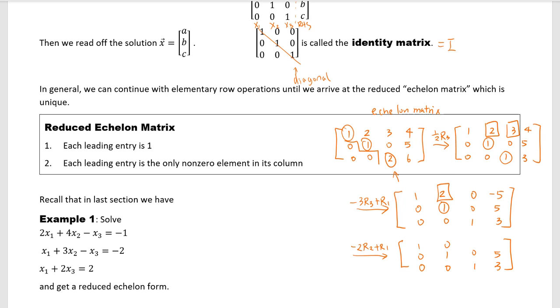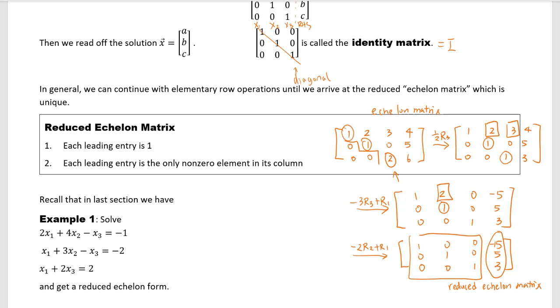So 2 minus 2 is 0, 0 minus 0 is 0, then minus 5 minus 2 times 5, minus 5 minus 10 is minus 15. So now this is a reduced echelon matrix. We can see this is the identity matrix and this is the solution of the linear system.